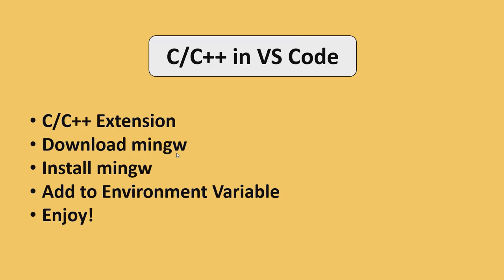There is a GNU compiler and it is the minimalistic version which is supported for Windows. We are going to install it. Then we will go to the installation path in our drive. We will go to the bin folder and we will add the path to the bin folder in the environment variable. So this is what we are going to do. Now let's quickly jump into it.